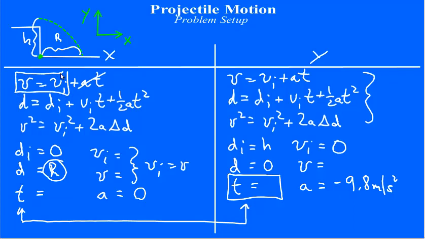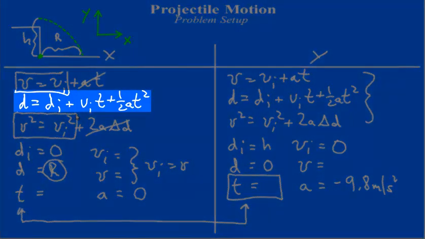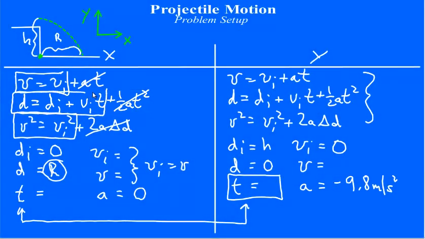Okay, and same here. If you go down to the 3rd equation, that goes away. There's no acceleration. Vi equals v. You already know that. And then over here, okay, the 2nd equation, since there's no acceleration, all you're left with is this right here. Okay, that is the only equation that you'll ever use on the x side in projectile motion, because there's no acceleration in the x direction.